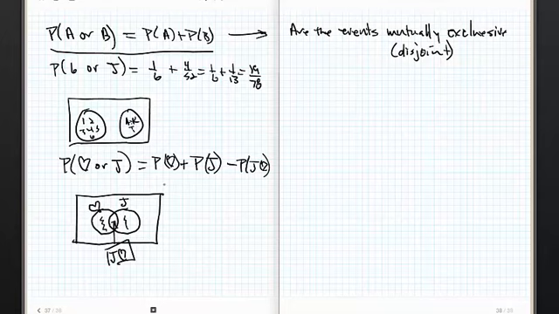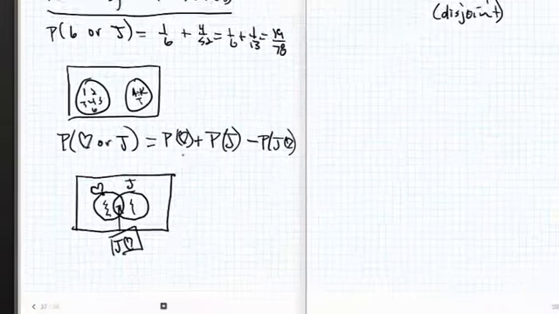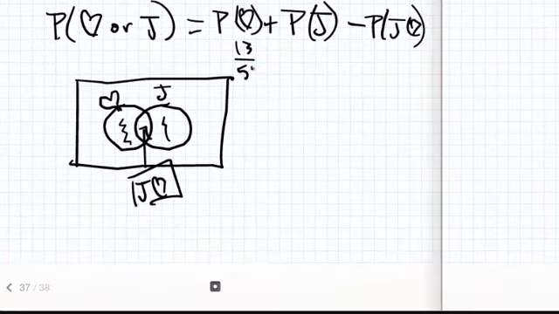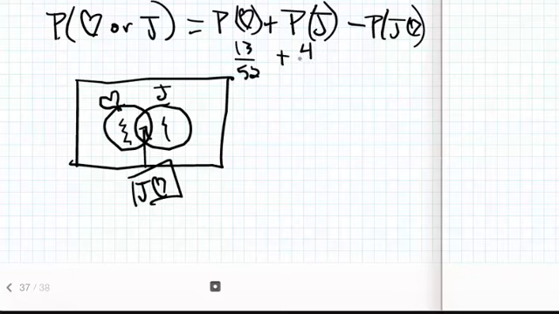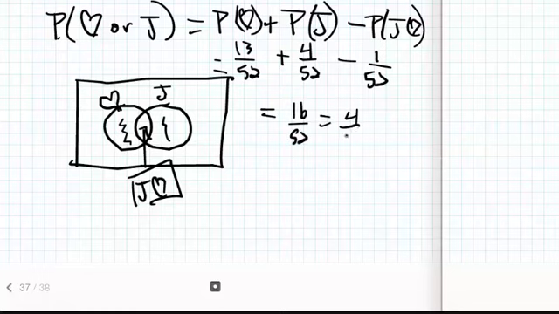Think about it this way: there were 13 out of 52 hearts, and 4 out of 52 jacks, but the jack of hearts got counted in both sets. So I have to subtract out one of those times that it got counted. So stew on that for just a second. That's 16/52, or 4/13, a little bit less than a third.